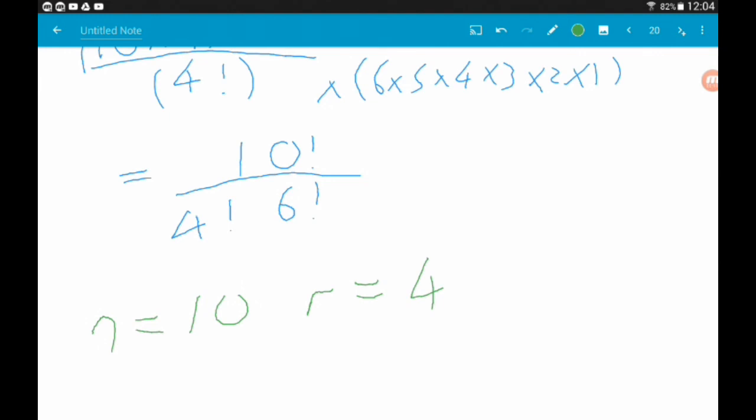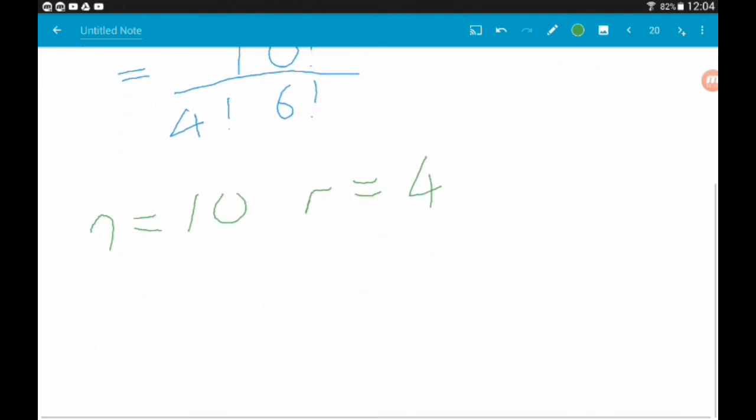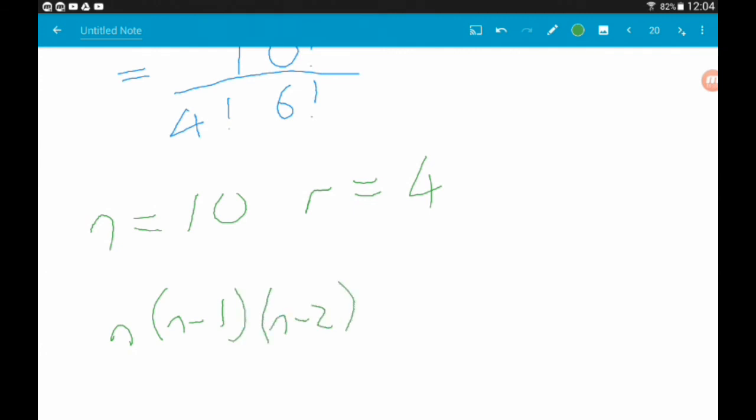So let's think about what we started off with then. So we started off with n times n minus 1, times n minus 2 times n minus 3 over r factorial.